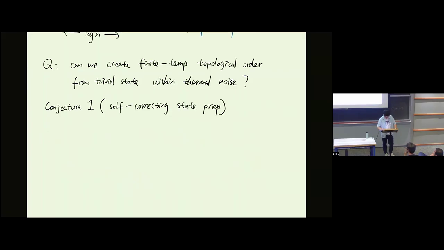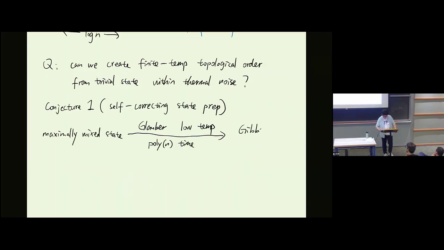And the idea is extremely simple. Let's start from the maximally mixed state and just do global dynamics at low temperature. And we claim that in polynomial time, it will give us the Gibbs state of the 4D toric code.